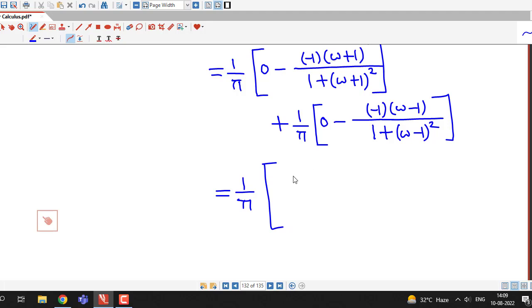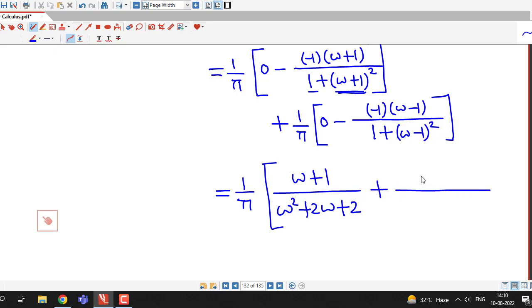Here negative positive, and we have (omega plus 1) divided by, if we simplify, omega squared plus 2 omega plus 1, and there is already 1 in the addition, so it is omega squared plus 2 omega plus 1, that is 2. Here also negative negative positive, and we are left with omega minus 1. If we expand this, it is omega squared minus 2 omega plus 1 and plus 1, that is 2.